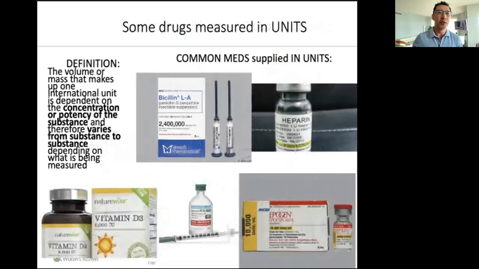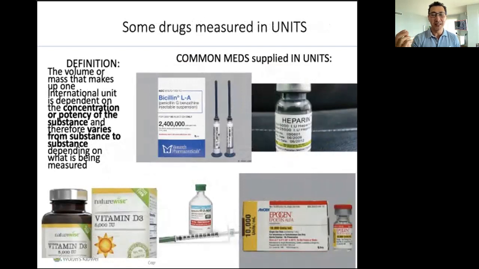Units. Some drugs will be measured in units. Here's a few of them. Penicillin. Heparin is a big one. Remember heparin was the drug given to Dennis Quaid's kids that I showed you the video of. It was measured in units.